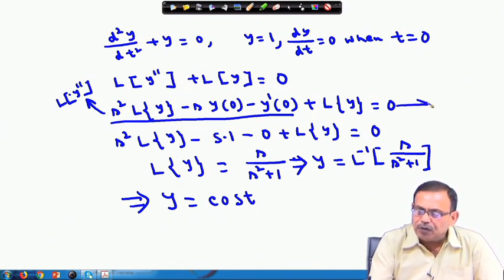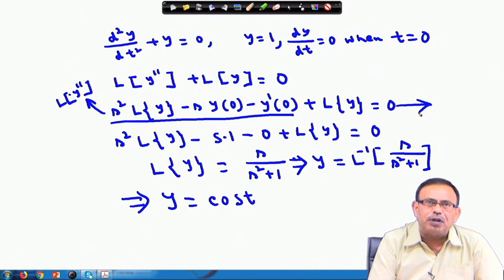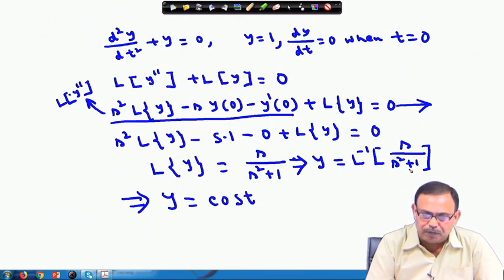Here I am substituting the values which are provided to me, that is initial conditions or boundary conditions, whatever they may be. Using those values, I am getting a form like this: Laplace transform of y equals s by s square plus 1. So, you can write y equals Laplace inverse of s by s square plus 1.